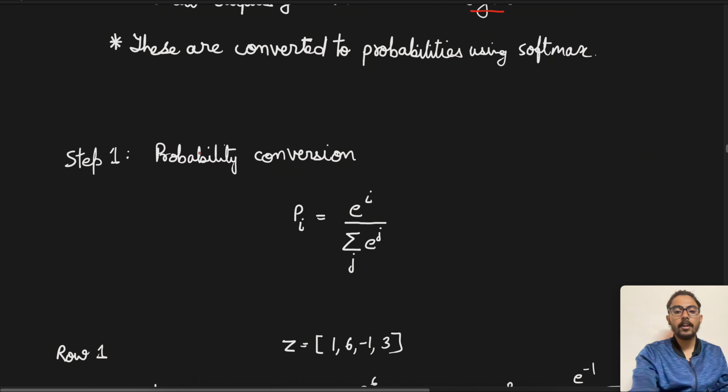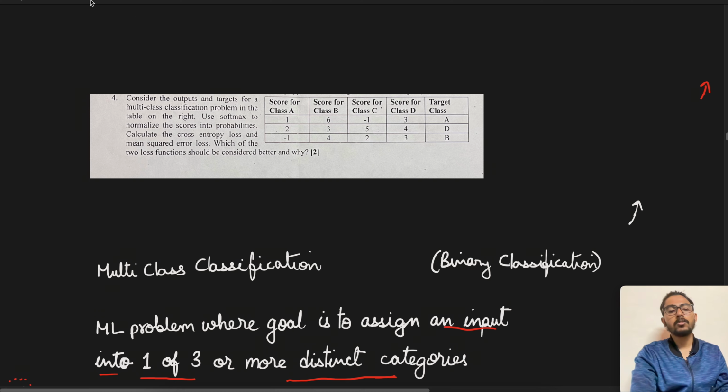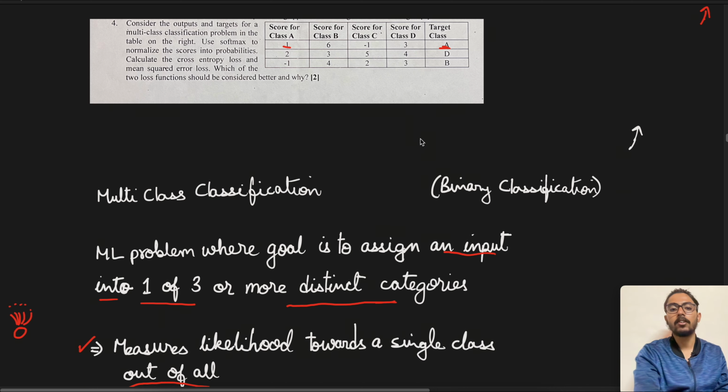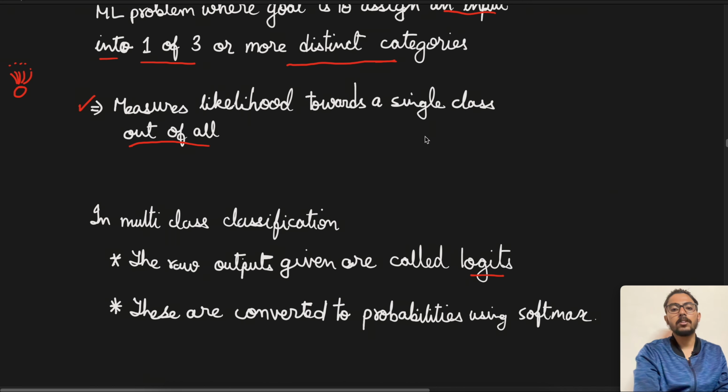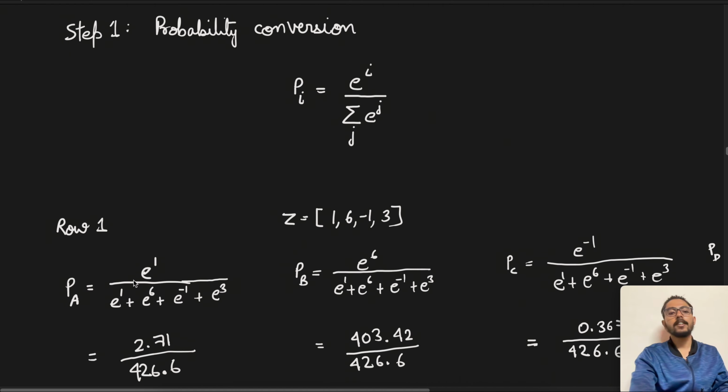Now if we try to understand this, then row 1 in the given question, the first row, is 1, 6, minus 1 and 3. A will not be considered because it is the target class label for this one. Since this is a numerical operation, we make this e raised to power 1 divided by the sum of all.